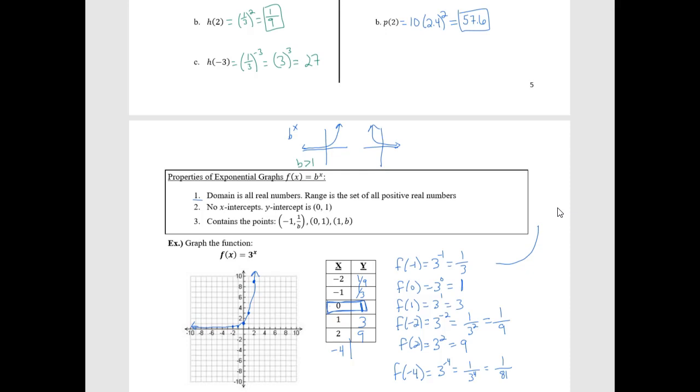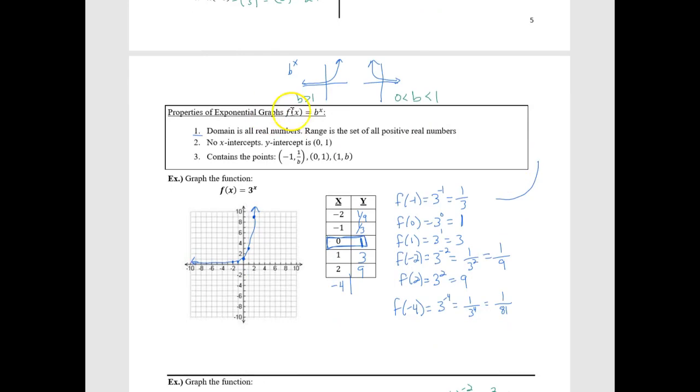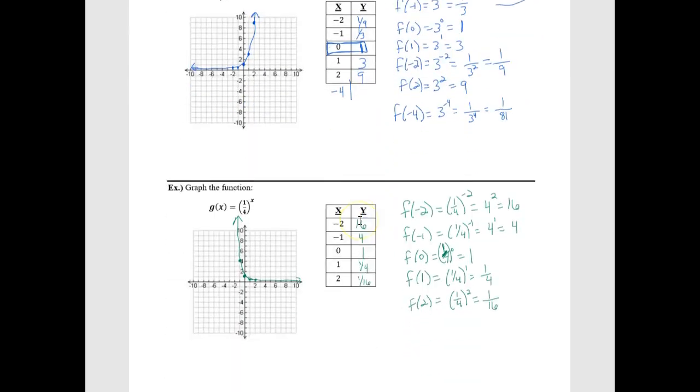If b is greater than 0 but less than 1, meaning a fraction, it's going to be coming down from left to right. So again, whole numbers going up, fractions are going to come down. And that's always going to be true.